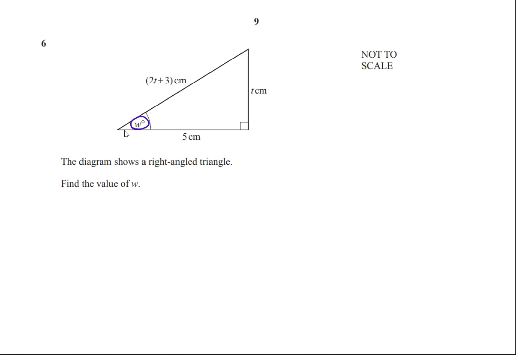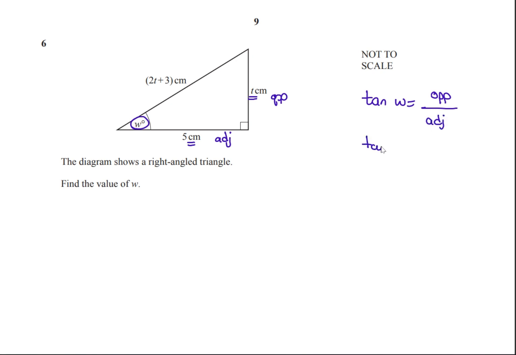So here I'm searching for an angle. I can see that this is adjacent to the angle, and this is opposite. So sure, I'm going to use tan W equals opposite over adjacent.